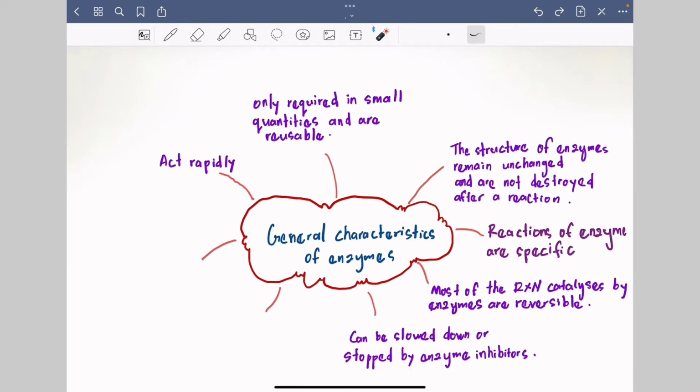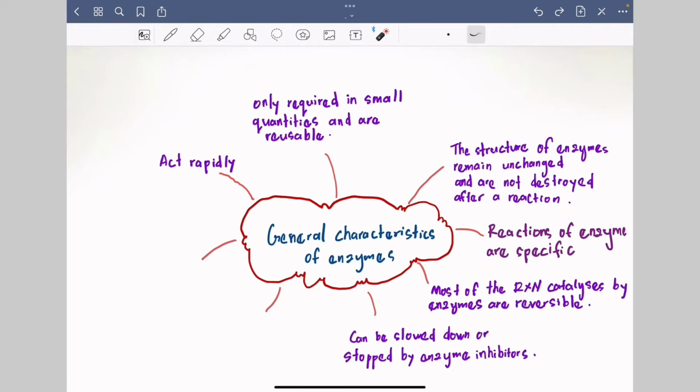There is a situation where inhibitors and substrate have the same shape and they compete with each other to get the enzyme. So if the inhibitor gets into the enzyme, the substrate cannot undergo the breakdown process.